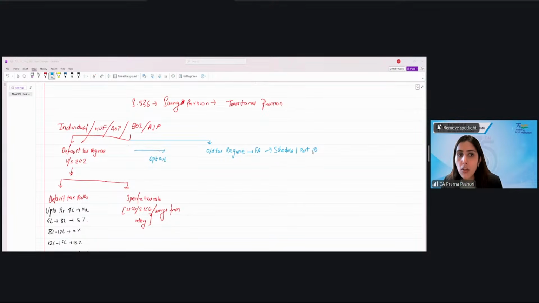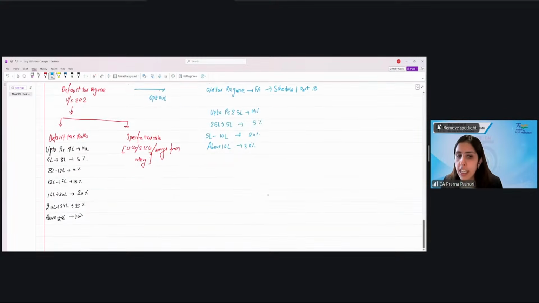So, if the normal is up to rupees 2.5 lakh, it is nil. 2.5 lakh to 5 lakh, it is 5%. Then 5 lakh to 10 lakh, it is 20%. And above 10 lakh, this is 30%.